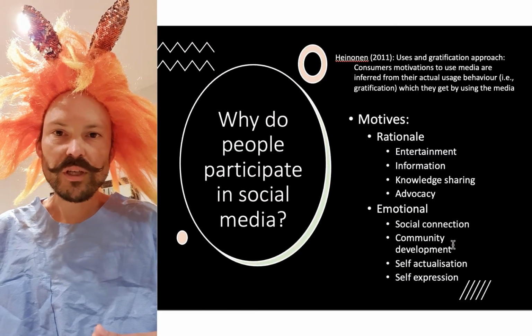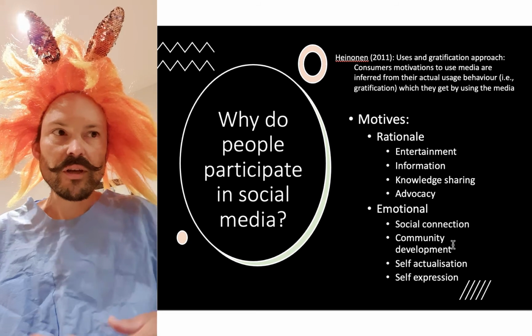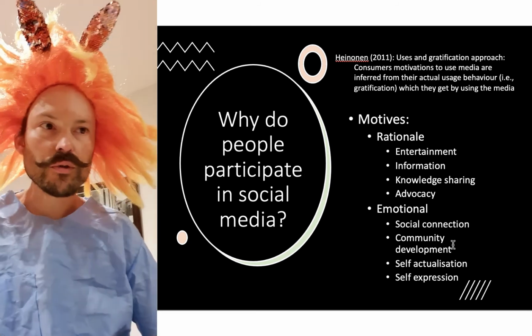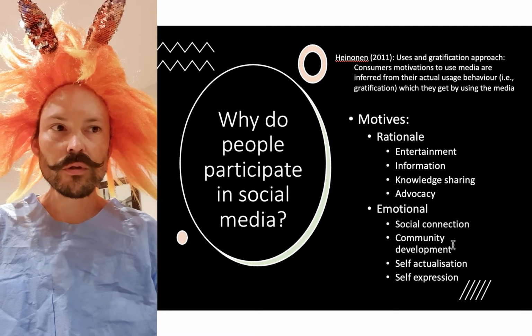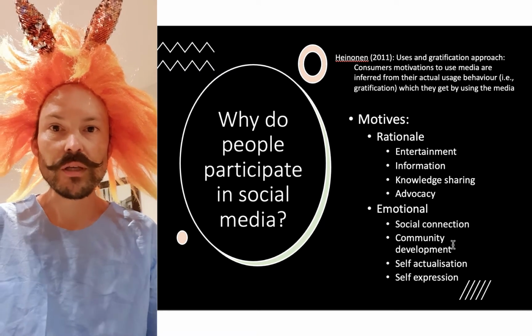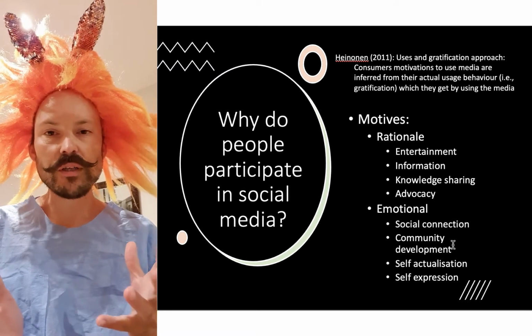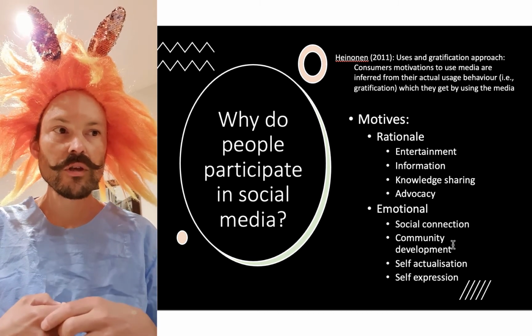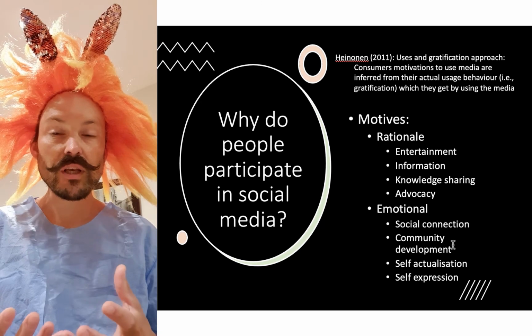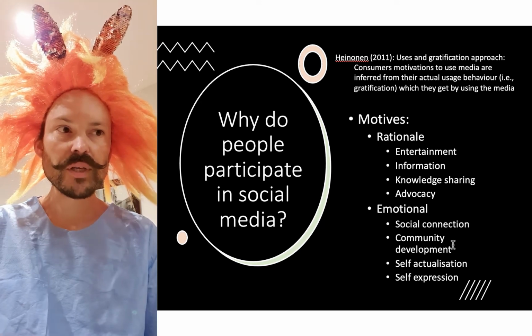So back in 2011, Heinonen looked at a user gratification approach in order to investigate why people participate in social media. And so basically just dividing it up into two core overarching types of motives, rational motives and emotional motives to participate.